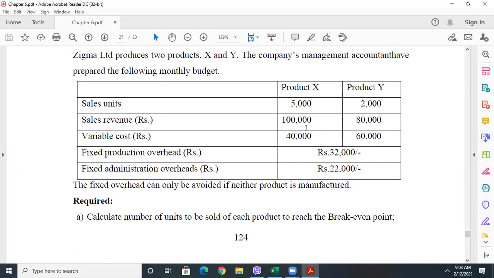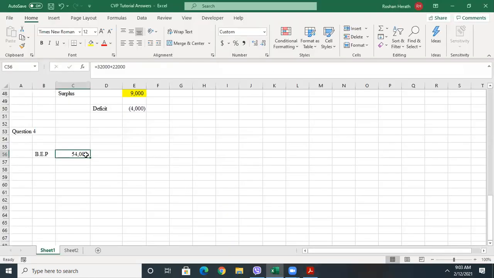And then you are given the number of units, sales revenue, and the variable cost. So then you can identify the contribution, that is 60,000. So here you need the contribution per unit, right? So the contribution per unit comes as 60,000 divided by 5,000 units. So the contribution per unit is 12.